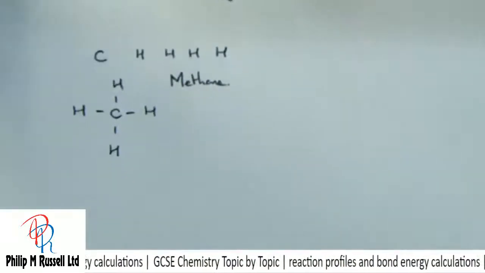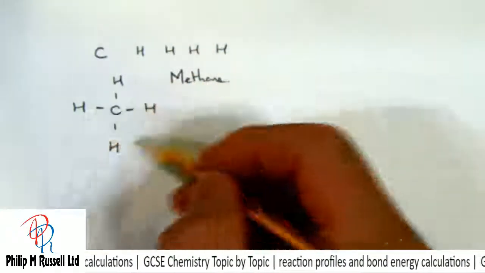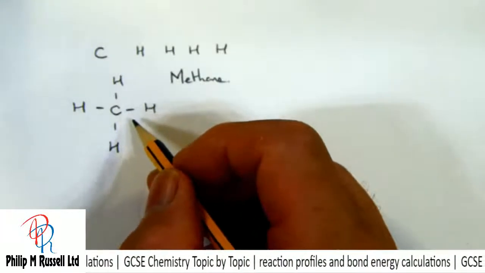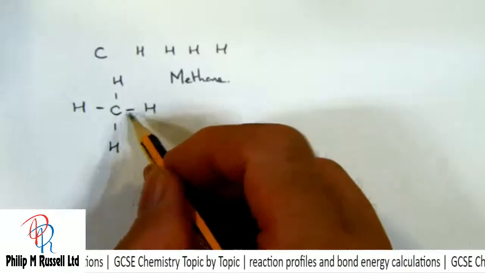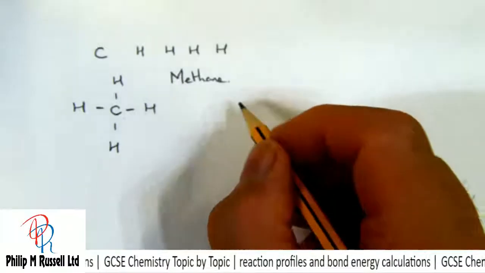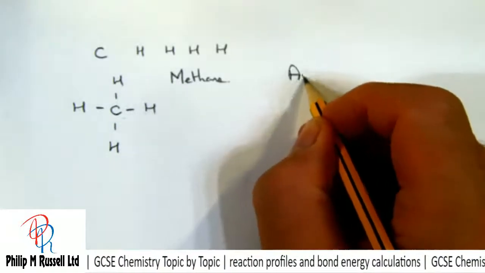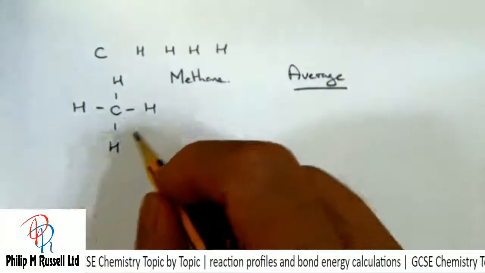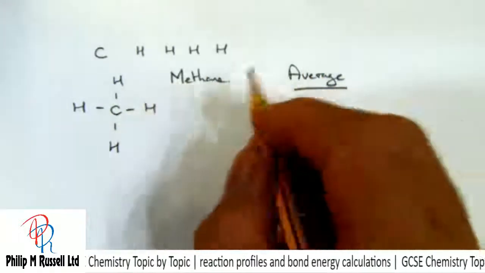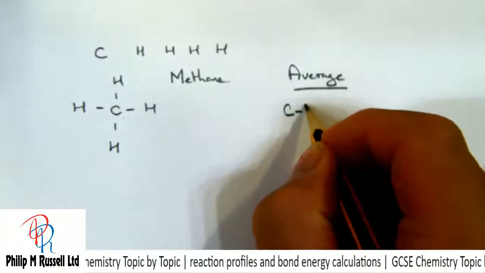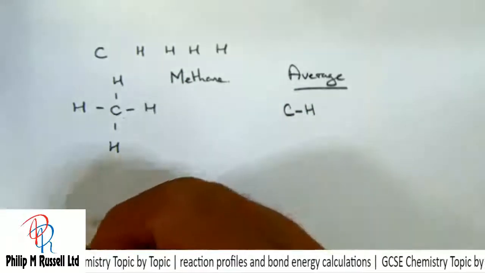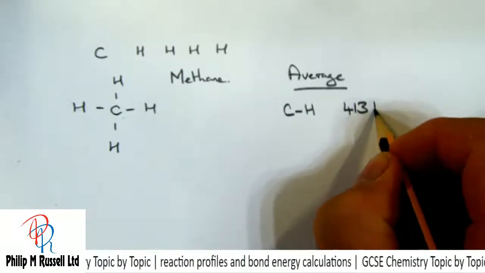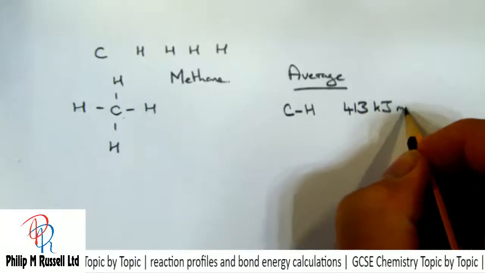Now over the years people have done a whole series of experiments and they've worked out the amount of energy in just one of these bonds, and we're going to use the word average because this is very important. This is the average bond energy of a C-H bond, and this is 413 kilojoules per mole.